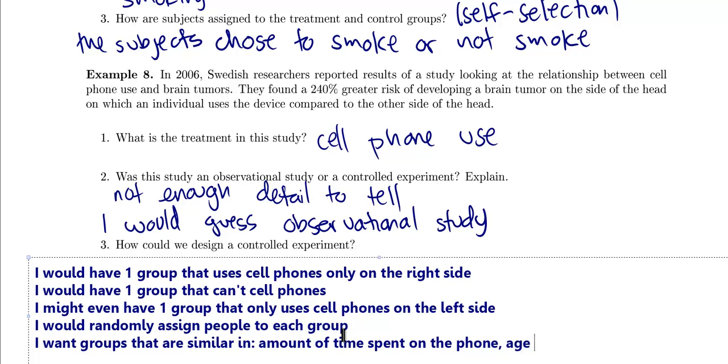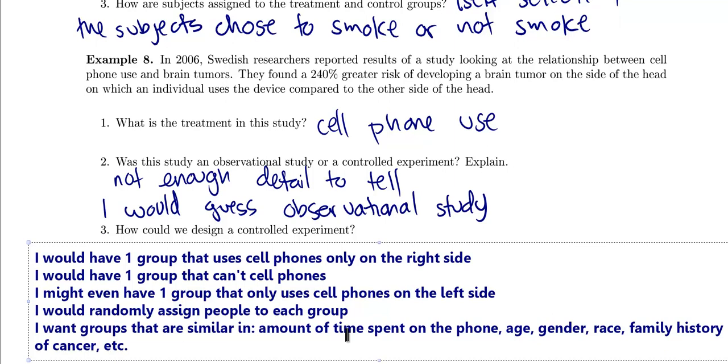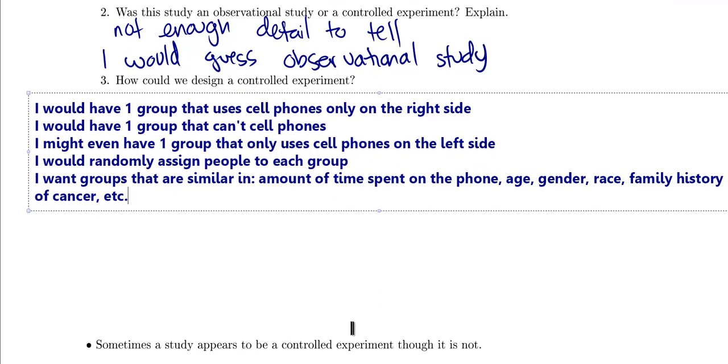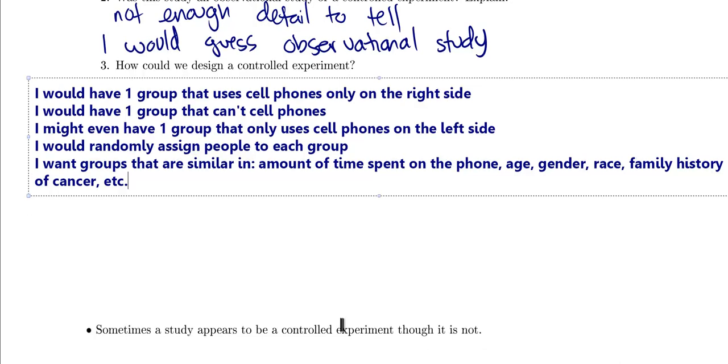I would want them to be similar in age and gender, maybe race, family history of cancer, etc. Again, because with a controlled experiment, if our two groups are similar in everything but the treatment, then we can actually see if the treatment is causing an effect. And finally, just as a side note, keep in mind that sometimes studies appear to be controlled experiments even though they're not, so you do have to look at them very carefully.